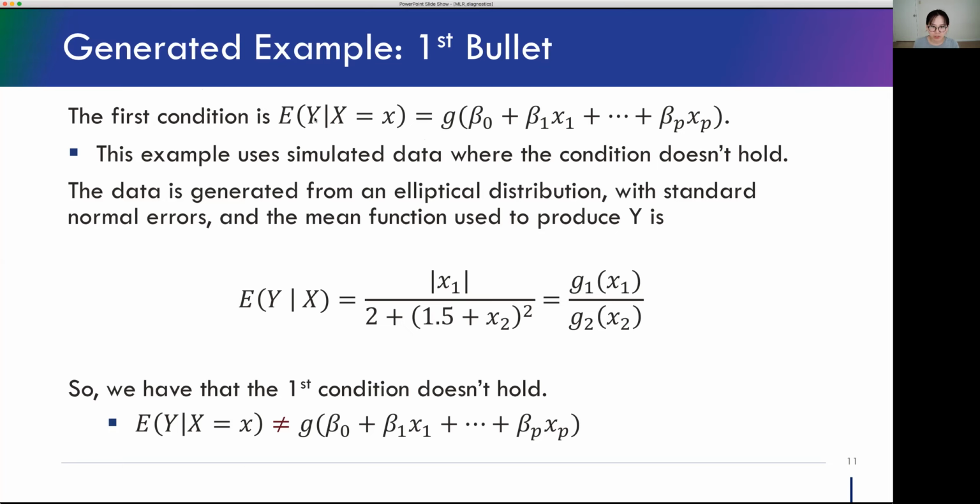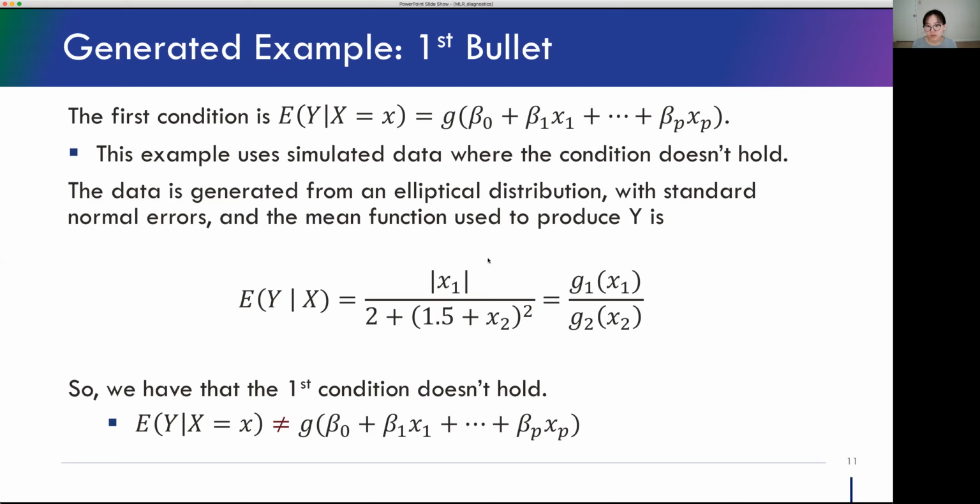So let's look at the first condition, where the expectation of y when x is given is a function of this linear model. We simulated data where the condition does not hold. The data we generated is from an elliptical distribution with standard normal errors and the mean function.